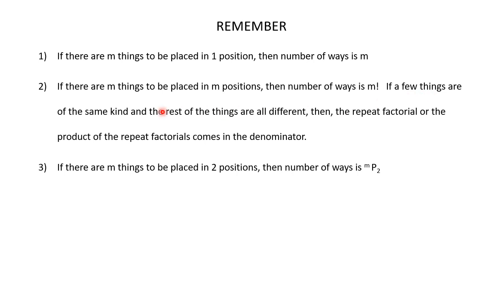Now, if a few things are of the same kind and the rest of the things are all different, then the repeat factorial or the product of the repeat factorials comes in the denominator. If there are m things to be placed in two positions, then number of ways is mP2. Now let's understand these points with the help of a few examples.